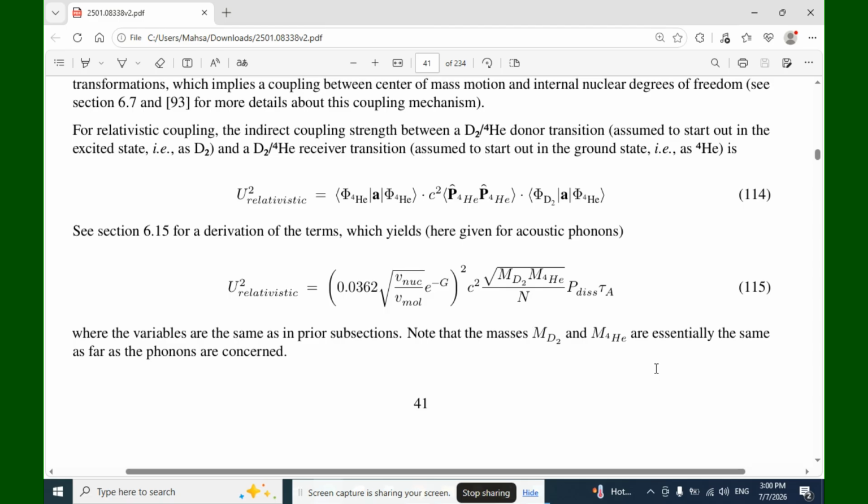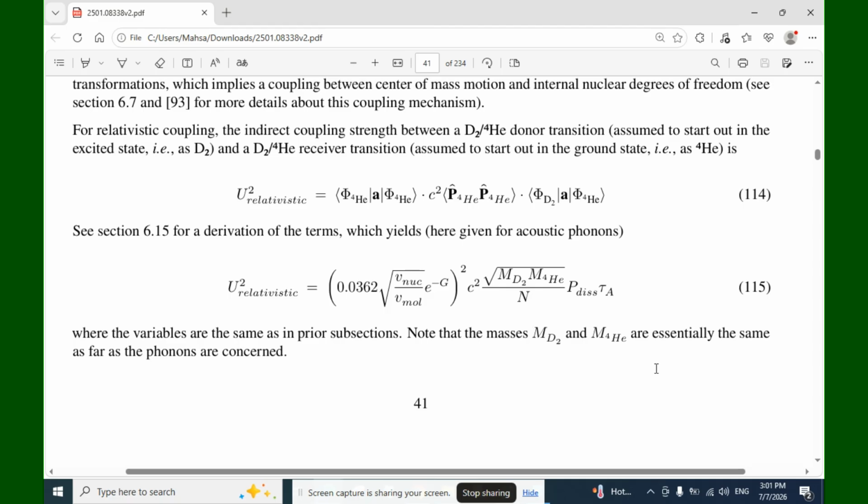We have equation 114: U relativity squared is equal to phi helium-4 absolute of phi helium-4 multiplied by c squared, p helium-4 multiplied by phi deuterium-deuterium absolute of multiplied by phi helium-4. See section 6.15 for a derivation of the terms which yields here.